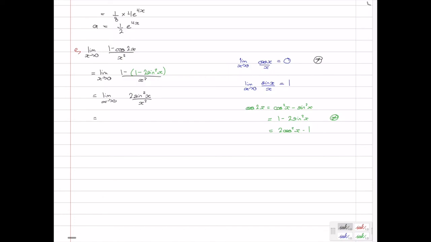The 2 is just a constant, so I can bring that out the front, and I have 2 times the limit as x approaches 0 of sin x on x, all squared. We know that this limit, the double star, is equal to 1, so it's 2 times 1 squared, which is just 2. And that's the end of that part and the end of question 12.